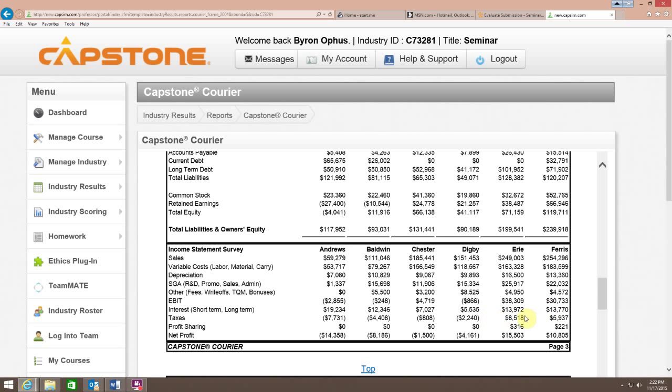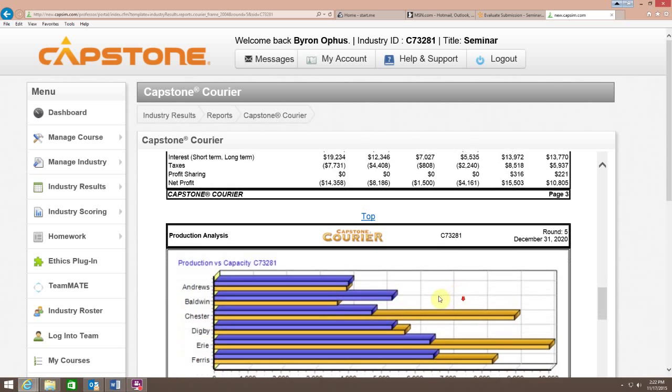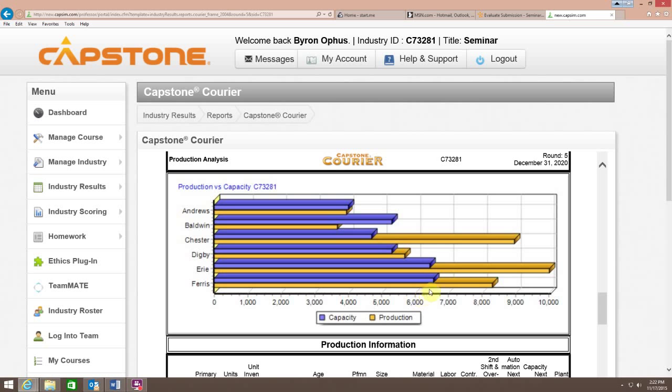Taxes, well, if you're going to make it, you got to pay it, and so Erie had a pretty big tax bill. You'll see that, again, the three teams that are probably doing the best, certainly Ferris and Erie, only two profitable teams, are not leaving capacity idle.